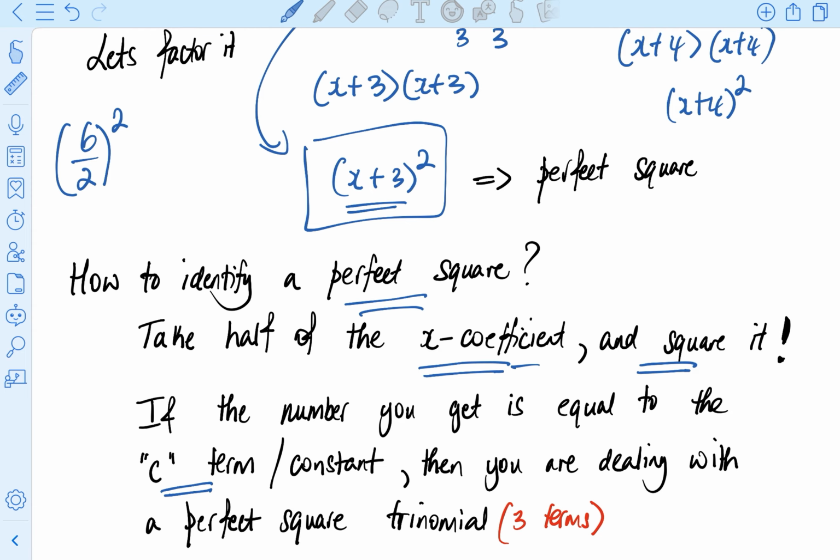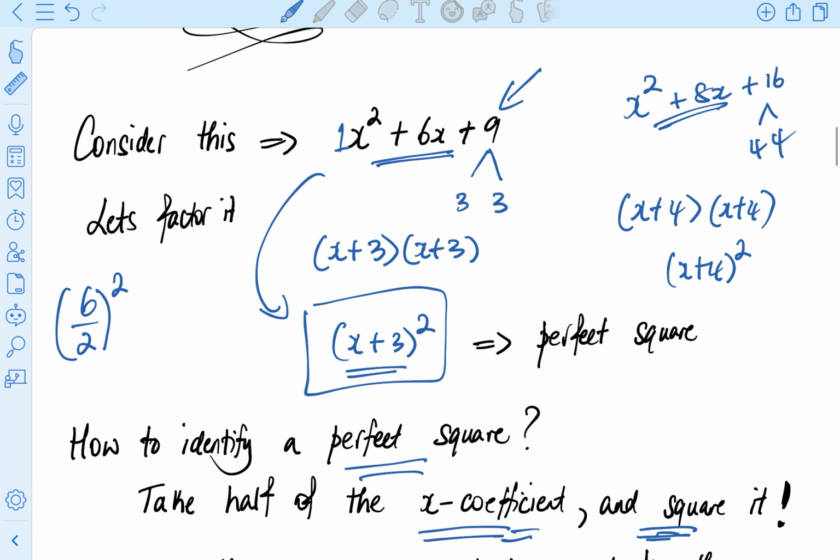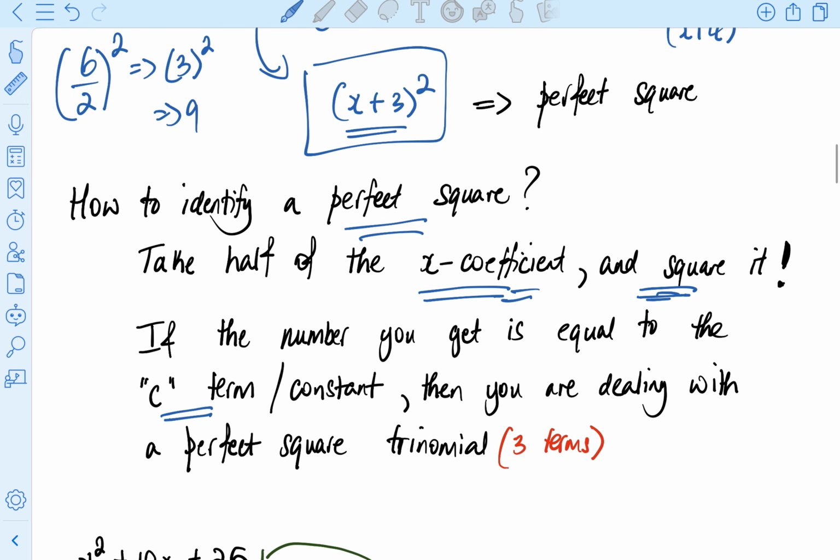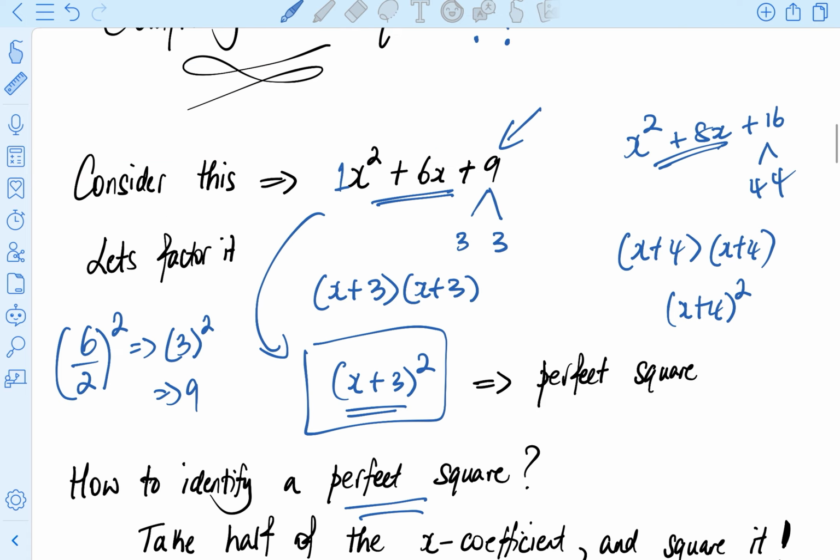So 6 divided by 2 is equal to 3, and 3 squared is equal to 9. What it says here is, if the number you get is equal to the c term, then you're dealing with a perfect square. And as we know, the c term was actually 9. So that's how we can tell that we're dealing with a perfect square.